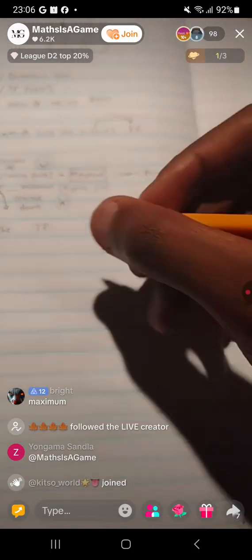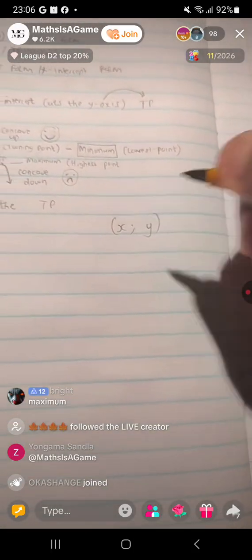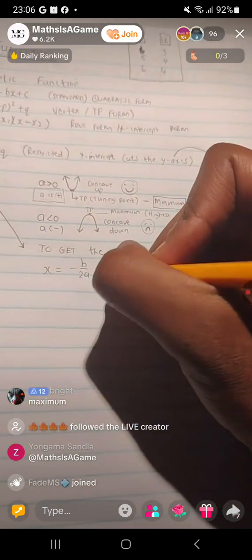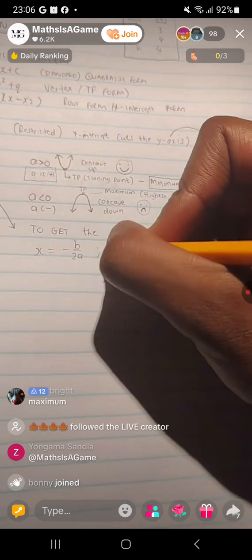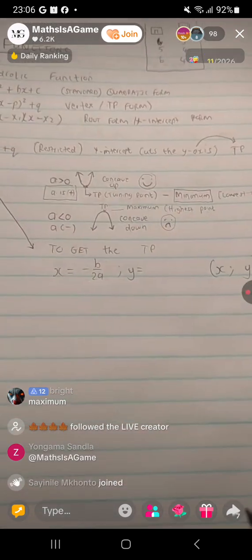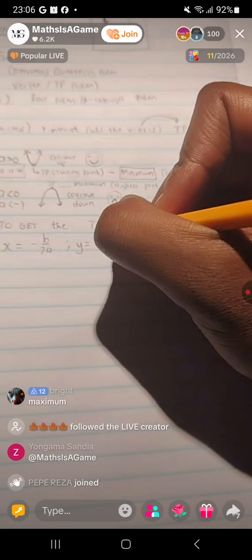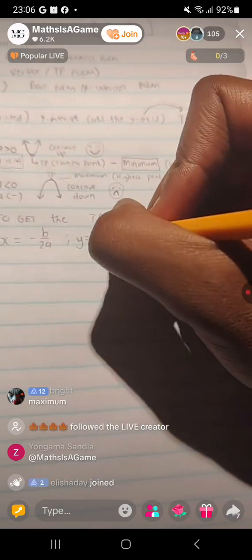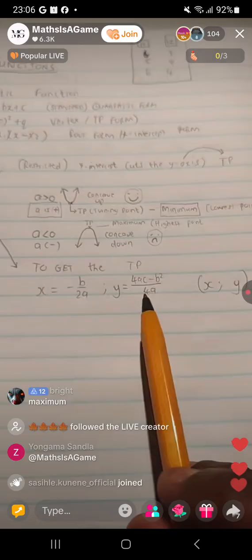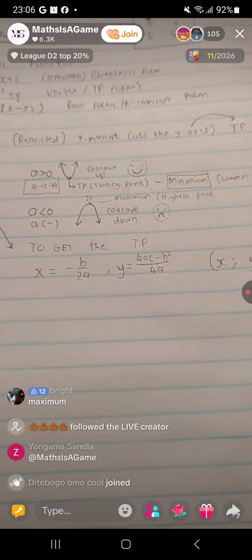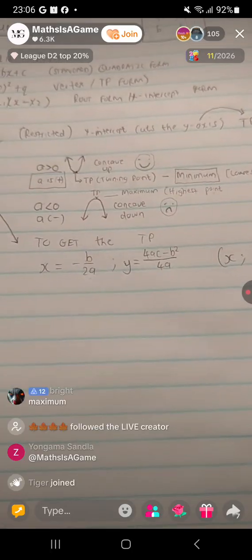Then guys, there's not only the x value of the turning point, there is also the y value of the turning point, which you can get using this formula: y is equal to 4ac minus b squared over 4a.